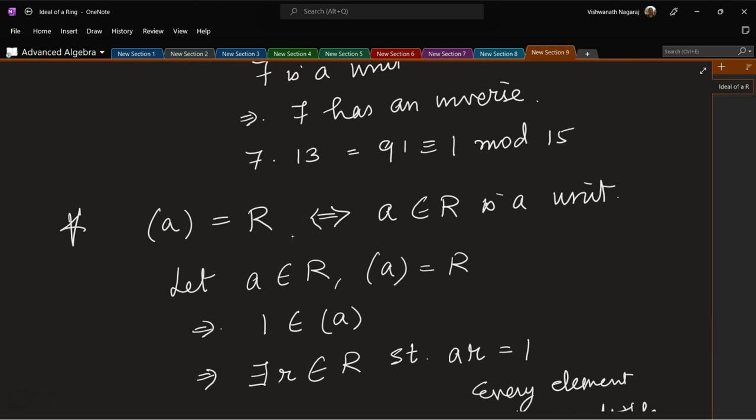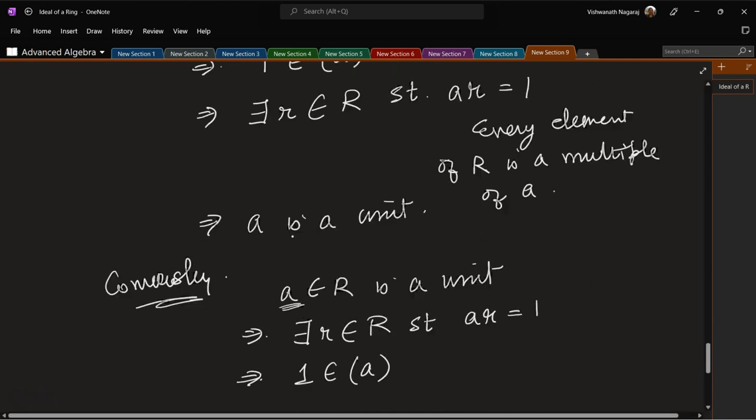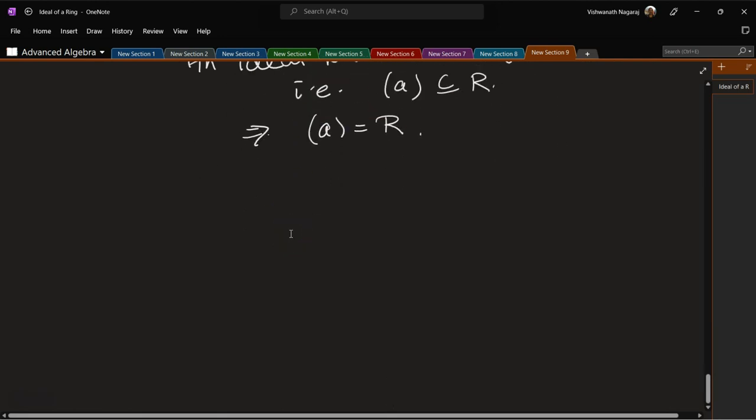If the ideal generated by A is equal to R, then A belonging to R is a unit, and vice versa as well. If A belongs to R is a unit, then the ideal generated by A is the entire ring.